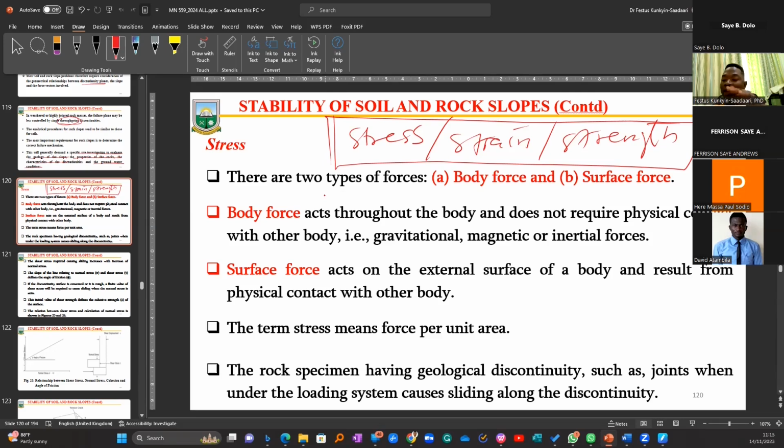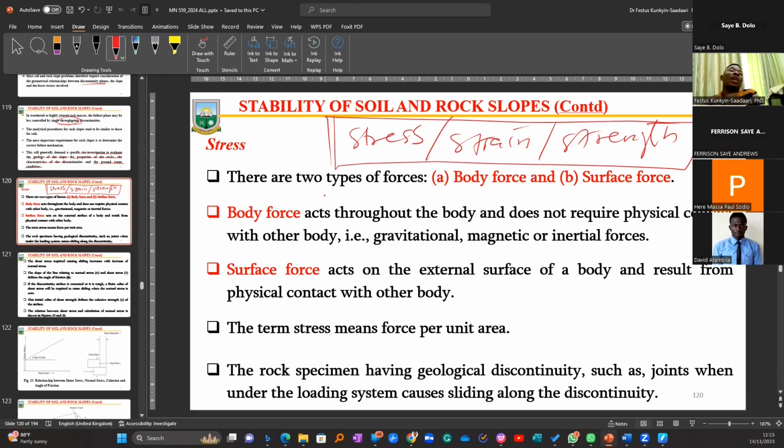So now, if we are talking about stresses, everybody already has some internal and inherent stresses within you. Without any other external force applied to you, you have your own burden. Nobody has asked you for school fees, but already within you, you have your financial problems you are thinking about. That is your body force. So stresses are divided into two, the body force and the surface force.